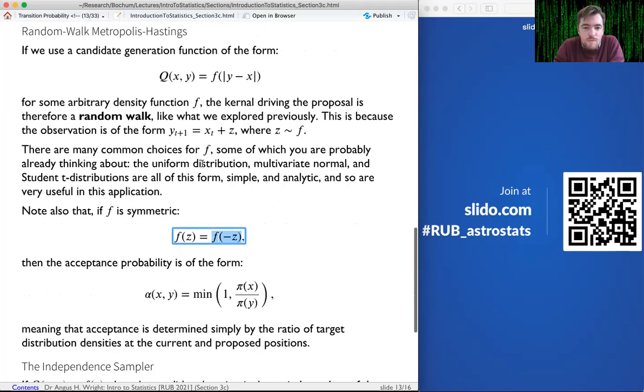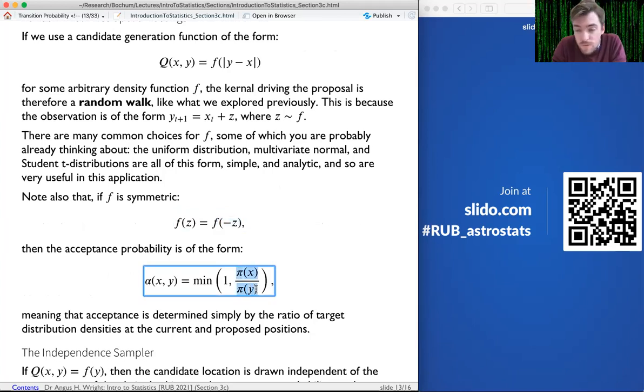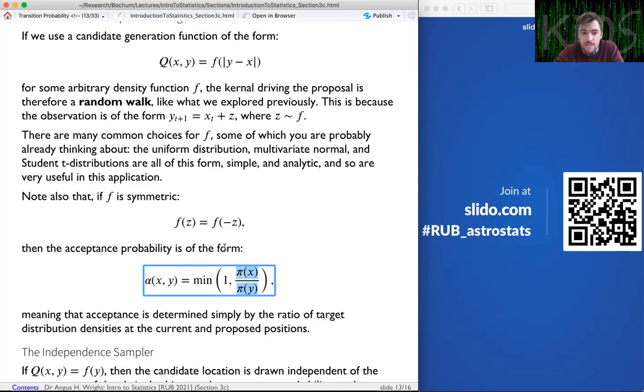And therefore, the acceptance probability just becomes the ratio of the target distribution density at y, where we want to go, and x, where we are. So the symmetry of the candidate generation function simplifies the acceptance probability a lot. And there are lots of symmetric generation functions: the Gaussian, the uniform distribution, the student t distribution. All of these things are symmetric around the current location in terms of generating a new variable, and therefore they produce this behavior in the acceptance distribution.